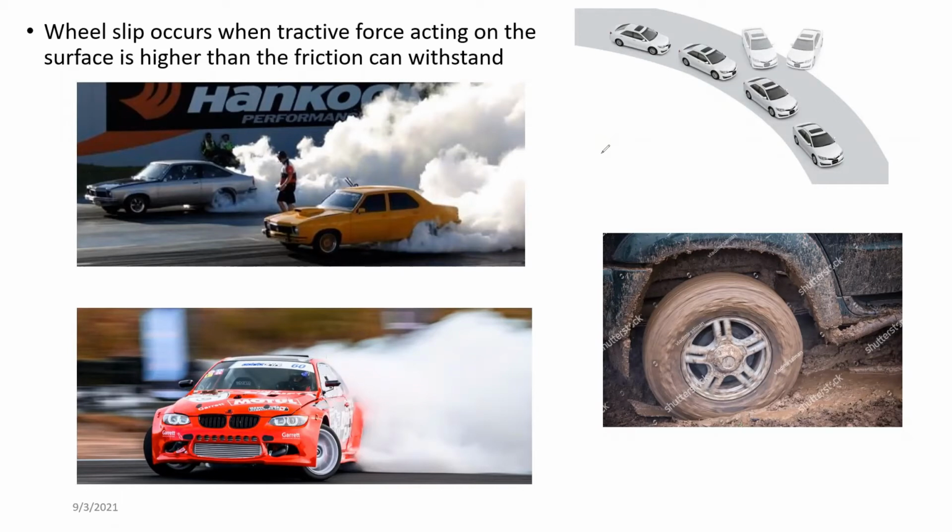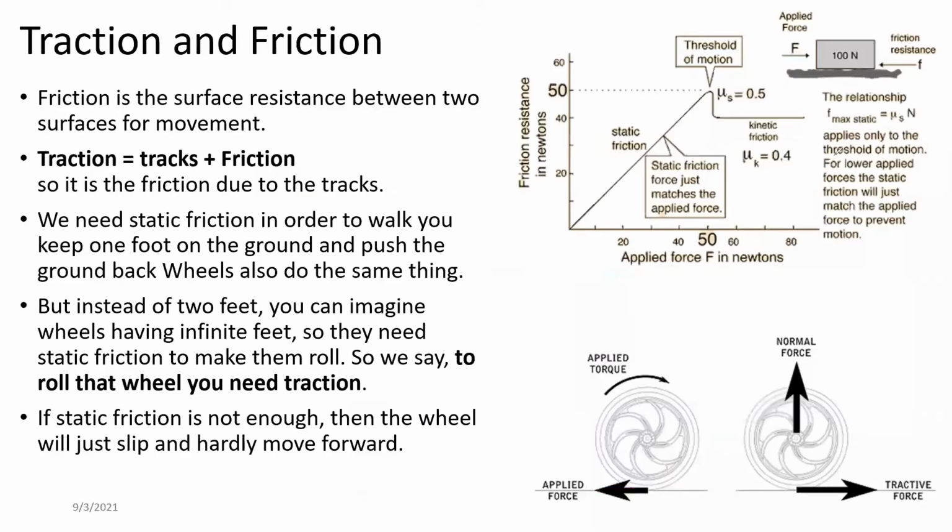But there are some situations where we need to keep it slipping. I'll come back to that, but you have to remember this graph very well. This is very important. The same thing applies for the ABS system. What the ABS system does is try to keep the friction around this area over here.